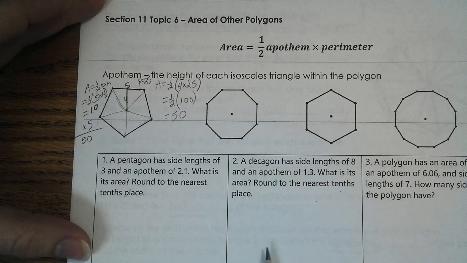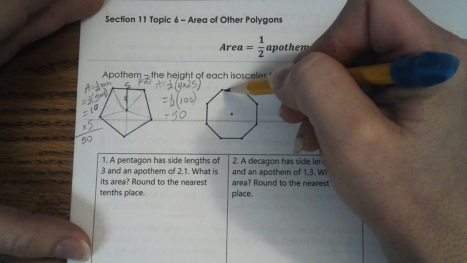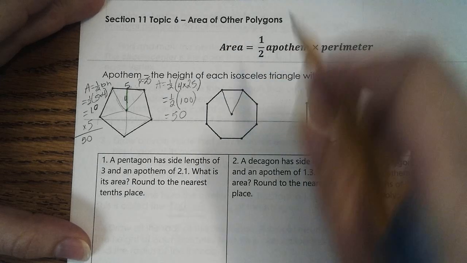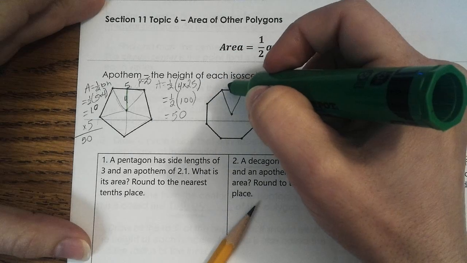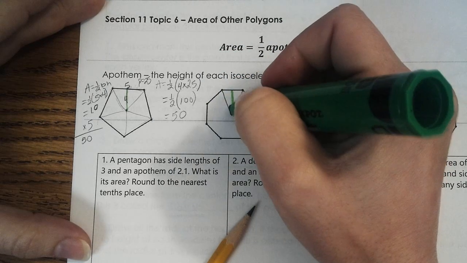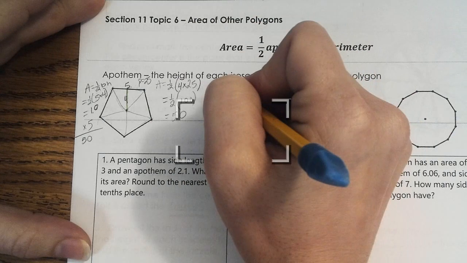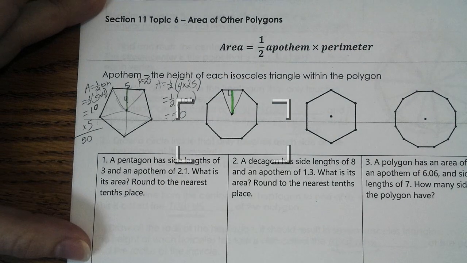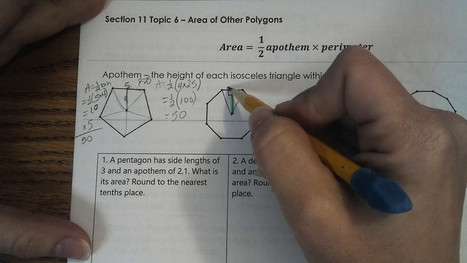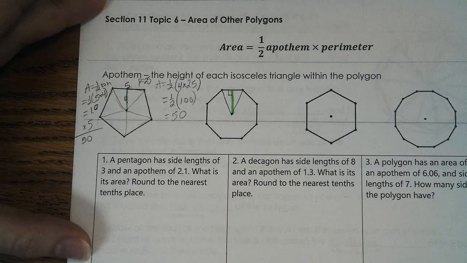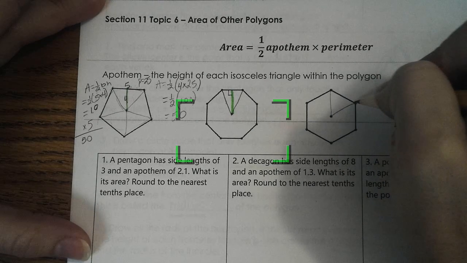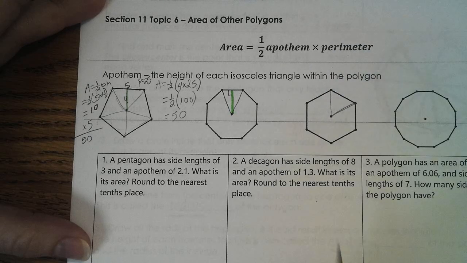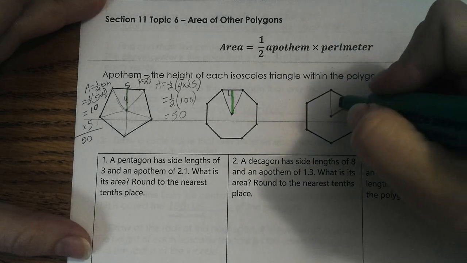Alright, so the apothem is the height of each isosceles triangle within each polygon. So that's an isosceles triangle. This is the apothem. And remember, the apothem makes a right angle there. So if we ever had to solve for a missing side, we could use a squared plus b squared equals c squared. Alright, this is a hexagon, which means it's going to have equilateral triangles formed inside it.